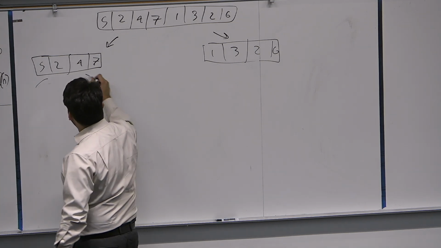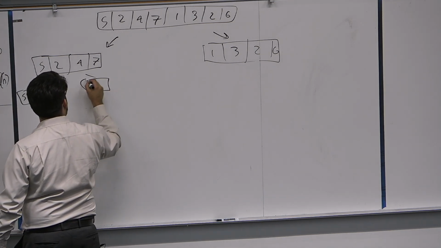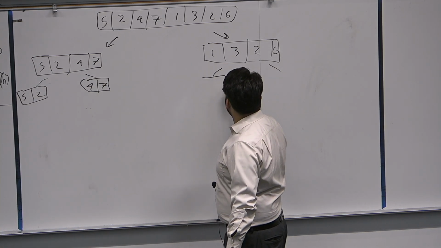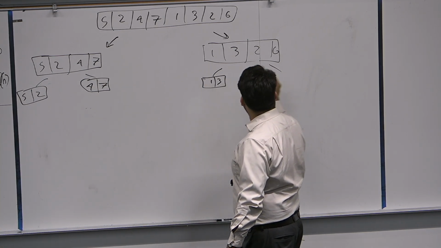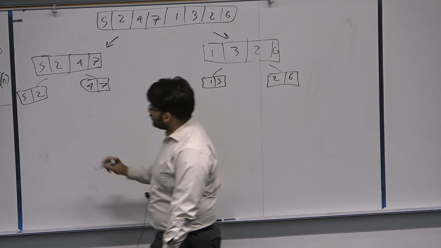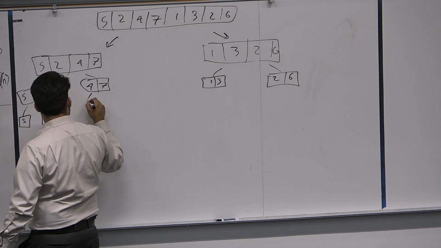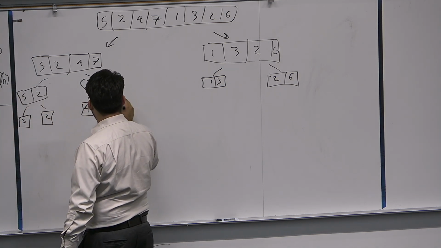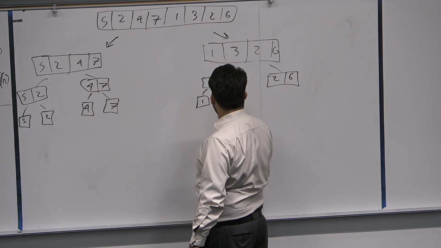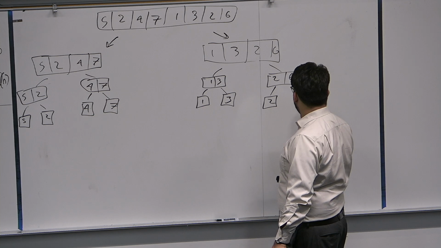Then we're going to split that again. This is going to be an array of size 2, 5, 2, 4, 7, and that's going to be an array of size 2, 1, 3, 2, 6. Then we split again: 5, 2, 4, 7, 1, 3, 2, 6.